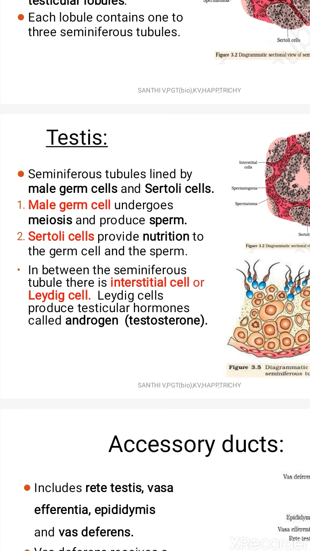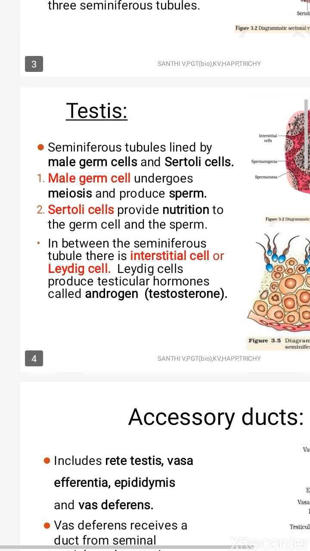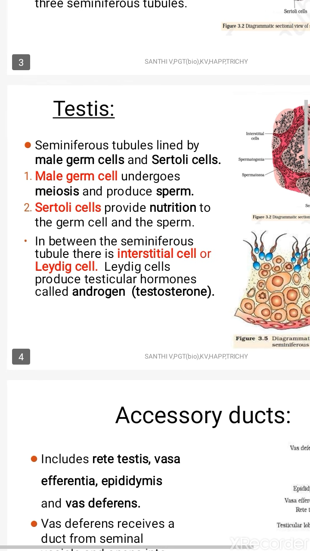They undergo meiosis, which we already studied. A diploid cell divides into haploid cells by means of meiosis and results in the production of the male gamete, that you call sperm. The other cell is the Sertoli cell, and the Sertoli cells provide nutrition to the germ cells and the sperm. So mainly it provides nutrition.